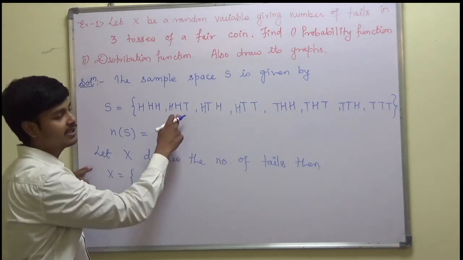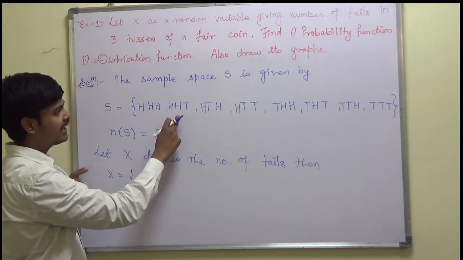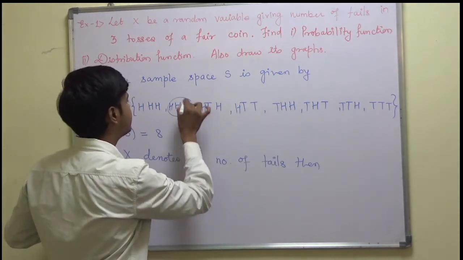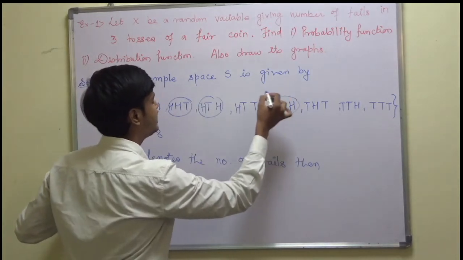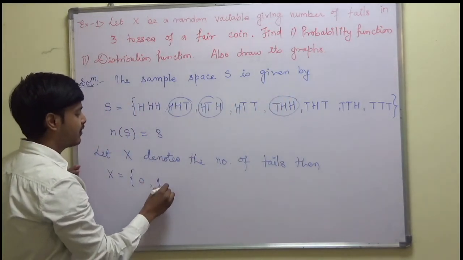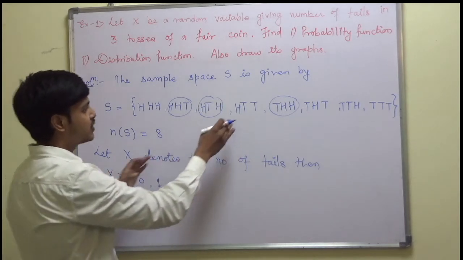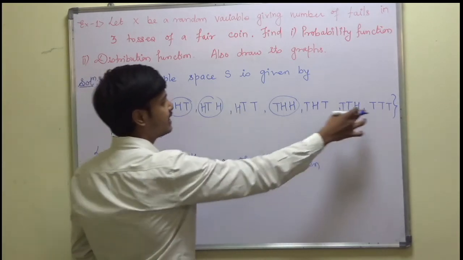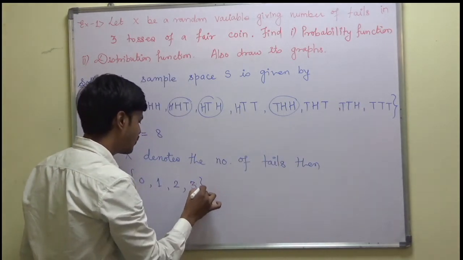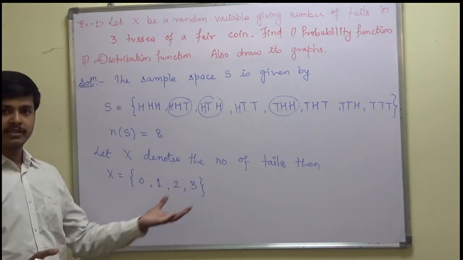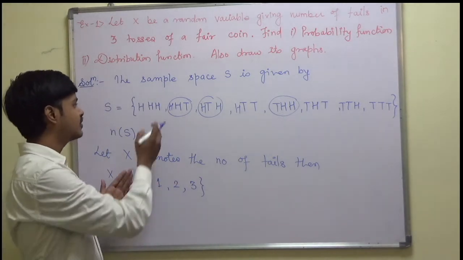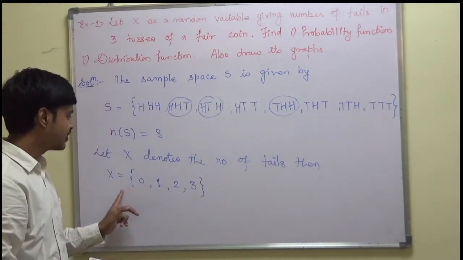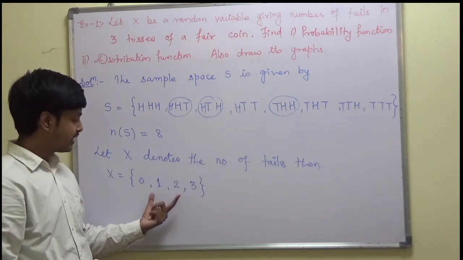Then 1 tail. In these 3 outcomes, the number of tails is 1, and in the remaining 3 outcomes, 2 tails, and then in the last one we have 3 tails. So avoid repetition of the number of tails. Don't write it like 0, then 1, 1, 2, 1, 2, 2, 3. Don't write like this.